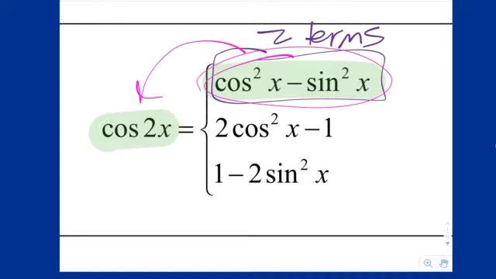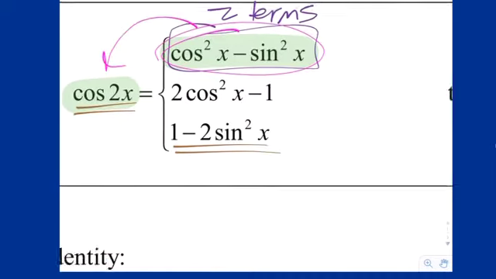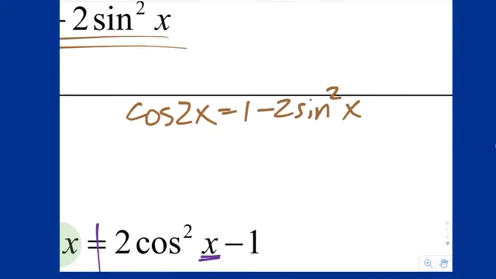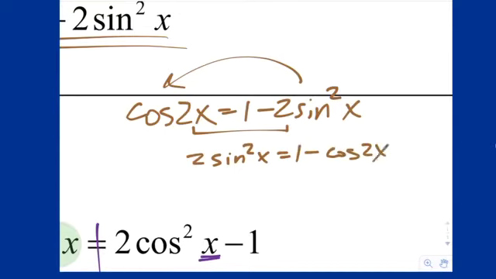If you take, let's do this one. If you take the cosine of 2x, let's just do the bottom one. Let's write that right here. Cosine of 2x is equal to 1 minus 2 sine squared. If you're not trying to prove the identity, remember, then you're allowed to algebraically manipulate it however you want. So if I bring the 2 sine squared over here and the cosine of 2x over there, I get positive 2 sine squared of x equals 1 minus cosine of 2x.